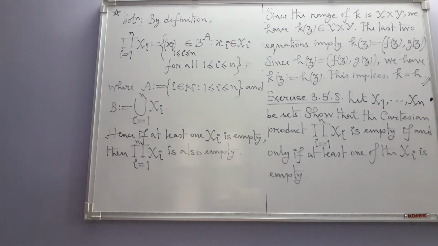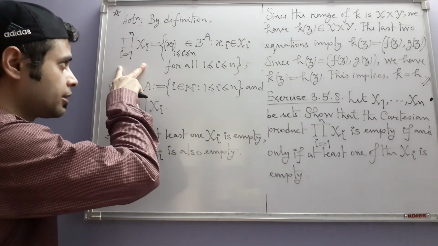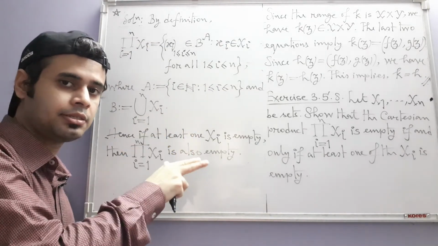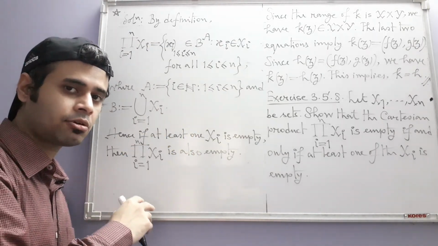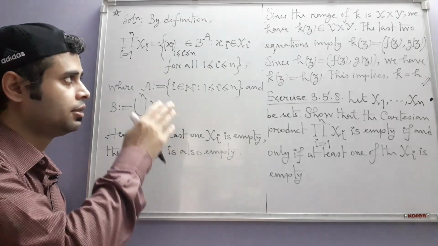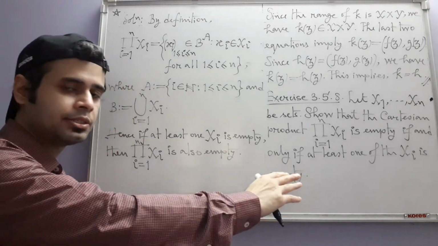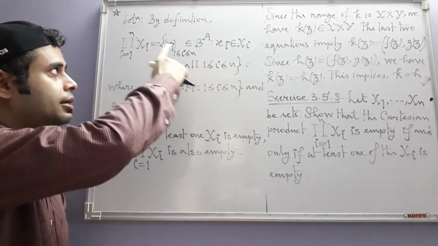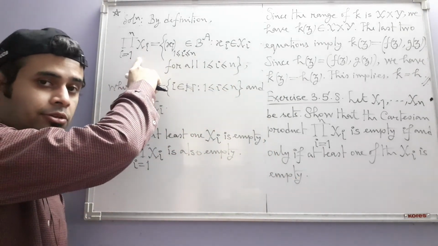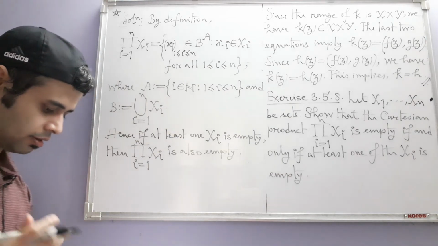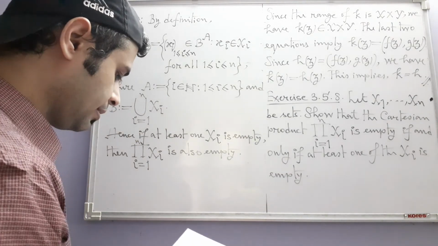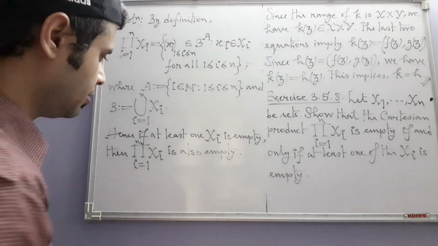What is the converse? If the Cartesian product is empty, then at least one of the sets is empty. And what is the contrapositive of the converse? If none of the sets is empty, that is, if all the sets are non-empty, then the Cartesian product is also non-empty, and we have already proved that in lemma 3.5.12.